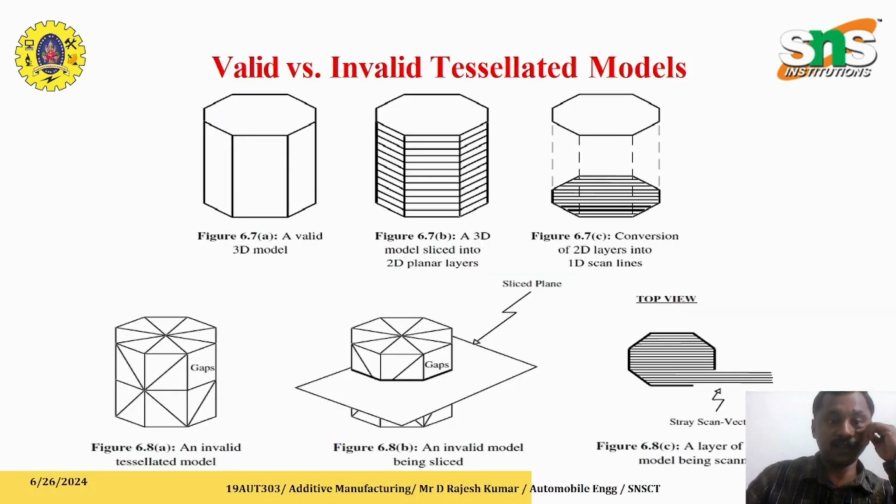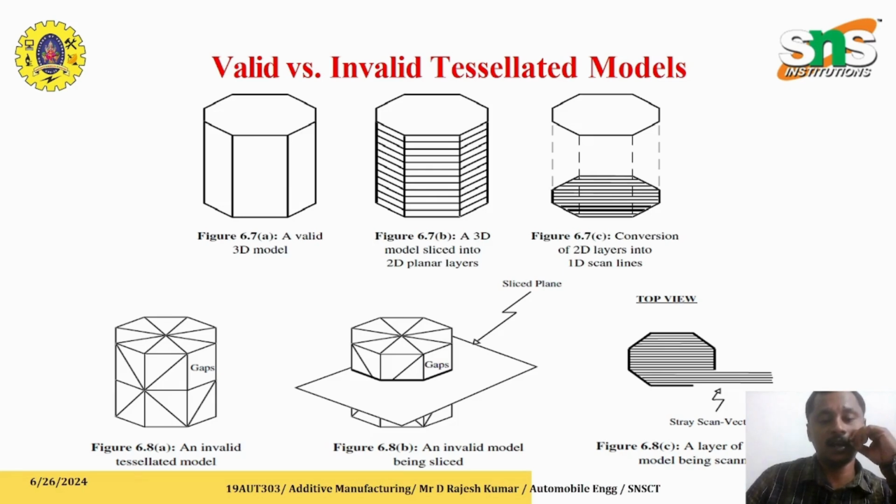So this is a valid 3D model. Then it is sliced into 2D planar layers. Then it is converted into 1D scan lines. You can see the step-by-step process, that is 6.7 A, B, C. And in 6.8 you can see the image. It is the tessellated model, actually an invalid tessellated model.